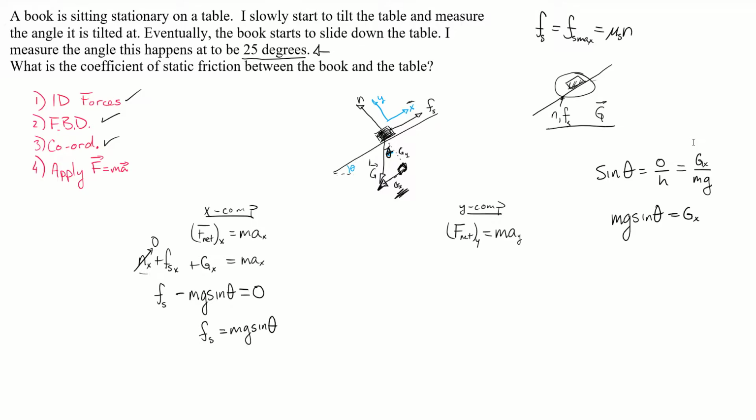So we can make this substitution in our equation from Newton's second law, and we get mu s times N is equal to mg sine theta.